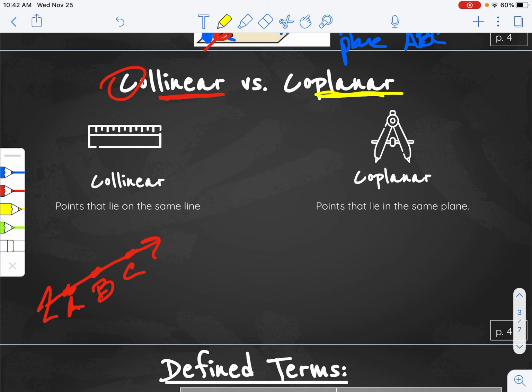This time, if we have some type of plane, points A, B, and C are coplanar.